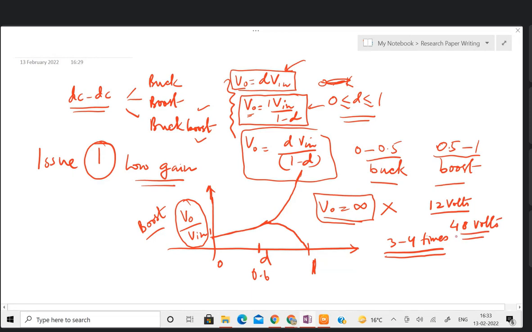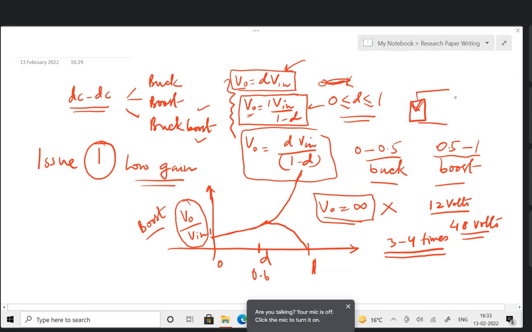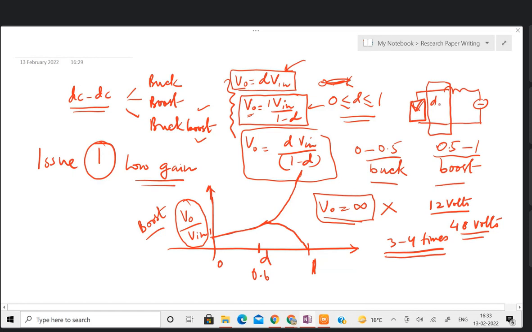Okay. But say the requirement is, for example, you want to connect this panel to the grid. Okay, definitely you cannot connect it directly. First you have to convert into AC form, but the voltage of grid is quite high.